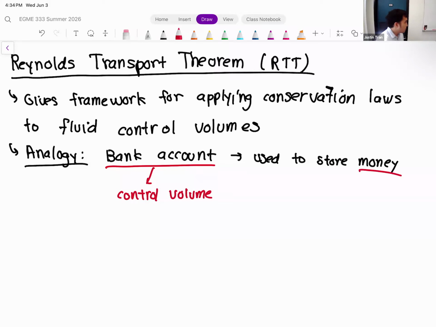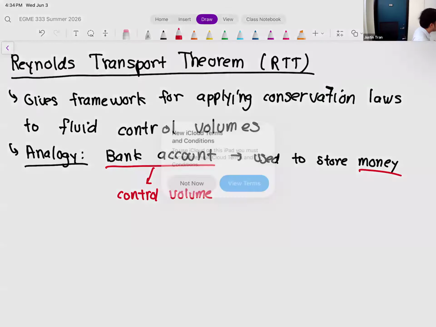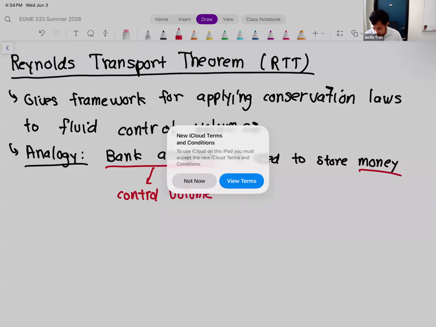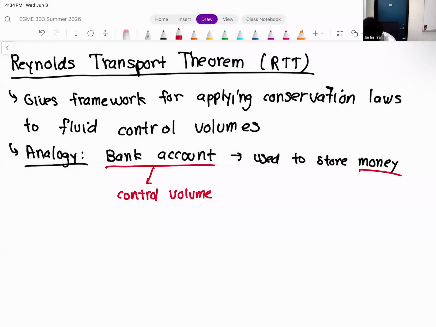Whereas the money, we're not really going to think of it as the system, but as the substance or the mass that we are keeping track of going into and out of our control volume.